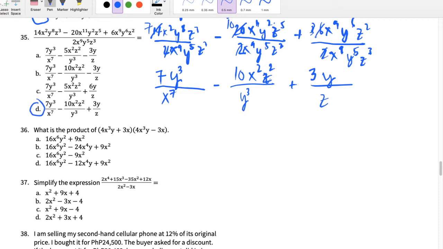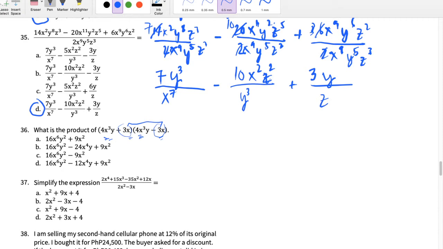Number 36, what is the product of this? Okay, if you remember, the answer here would be a difference of two squares. Correct? Difference of two squares. Because you have the same absolute values, two pairs, but in one of them the signs are opposite. This one is positive, this one is negative. And the other pair should have the same sign. Okay, you can still use the FOIL method, you should get the same answer.